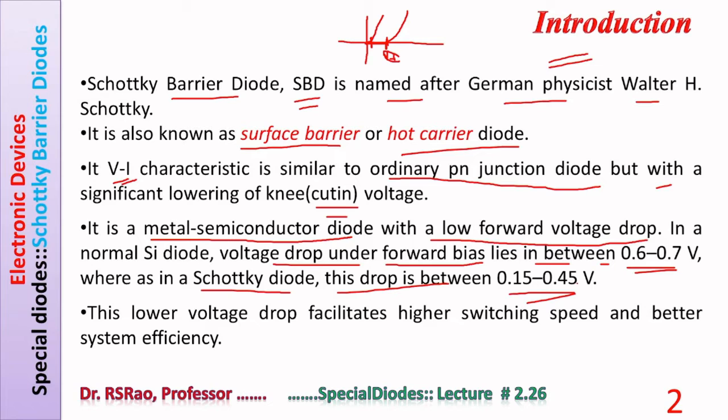This lower voltage drop facilitates a higher switching speed and better system efficiency. Higher switching speed implies higher bandwidths and also suitability for high frequency operation at frequencies like microwaves.